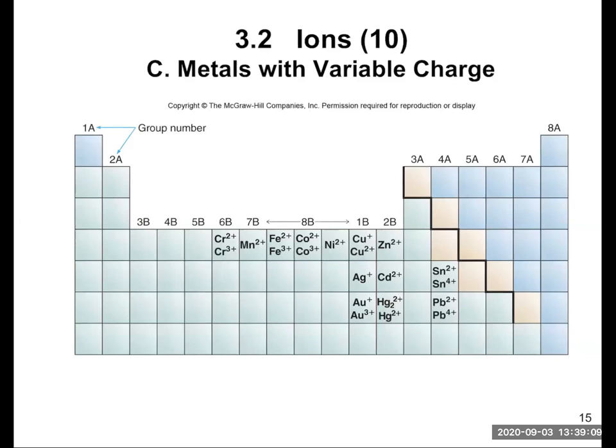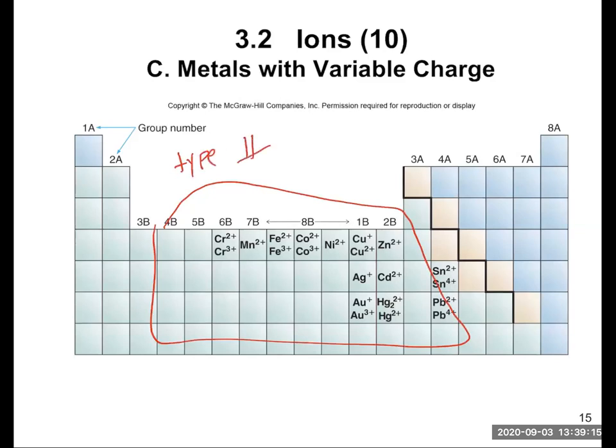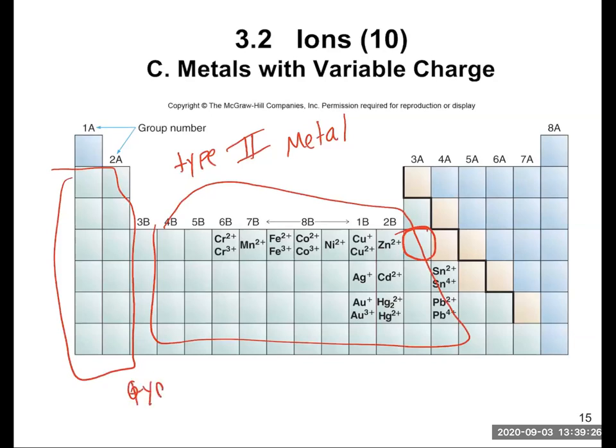So these are your type 2 metals. This whole thing is your type 2 metals. And group 1 and 2 and aluminum are your type 1 metals. This is going to make sense later on.